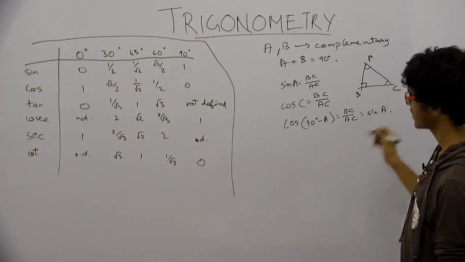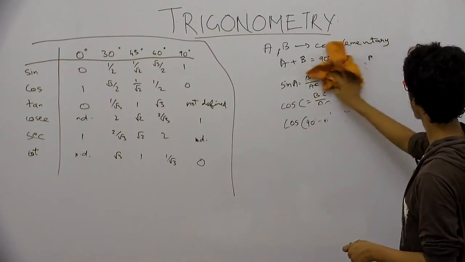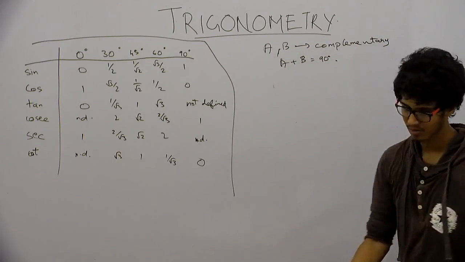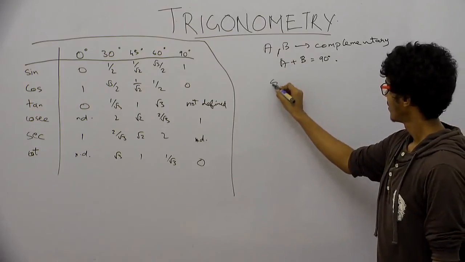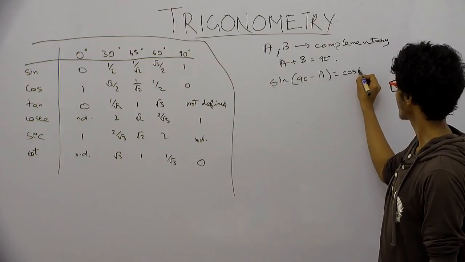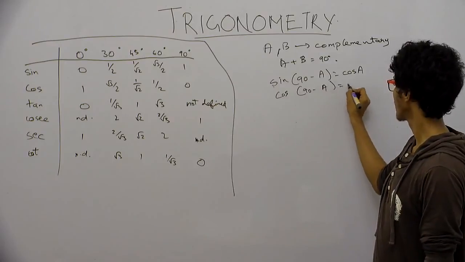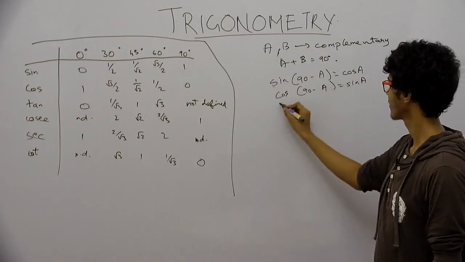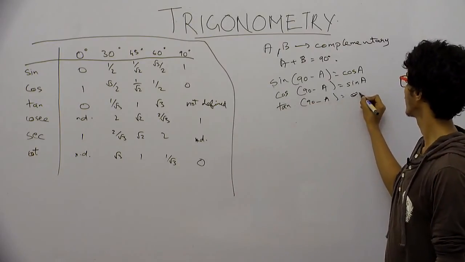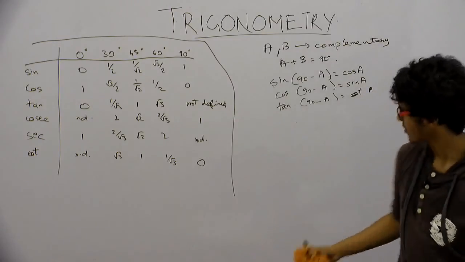Alright. Similarly, we can prove this for all, but let me just give you the end results. Sine 90 minus A equals cos A, cos 90 minus A equals sine A, tan 90 minus A equals cot A. This is supposed to be cot.